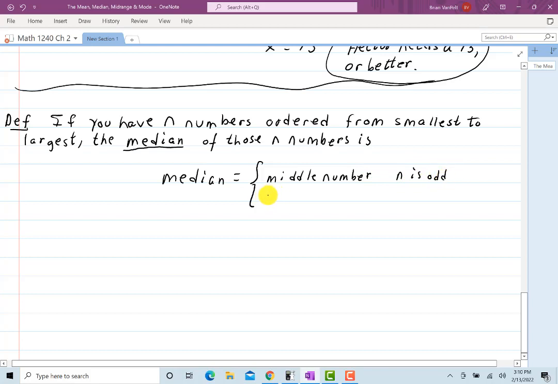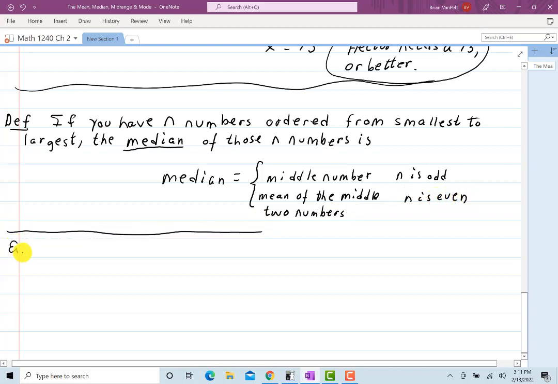Otherwise, we pick the mean of the middle two numbers. That's when n is even.